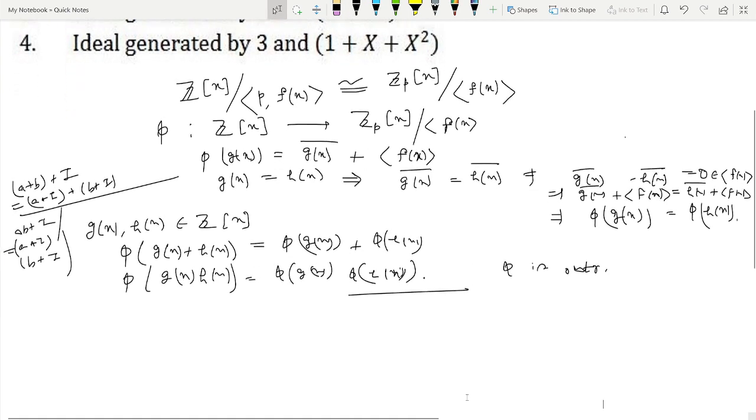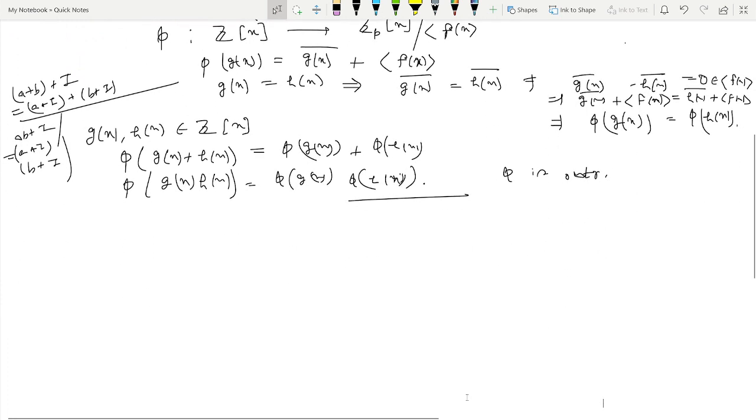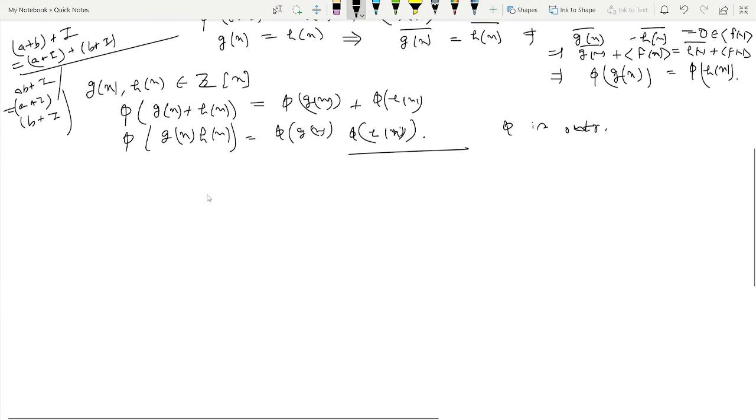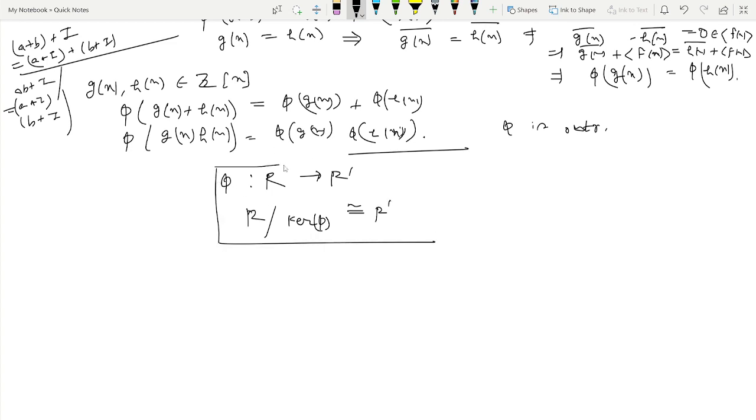The theorem is: if phi is a ring homomorphism from the ring R to the ring R dash, which is onto, then the first isomorphism theorem says that R by ker phi, the quotient ring, is isomorphic to R dash. So we will use this result here.